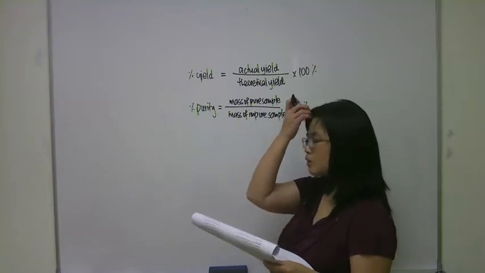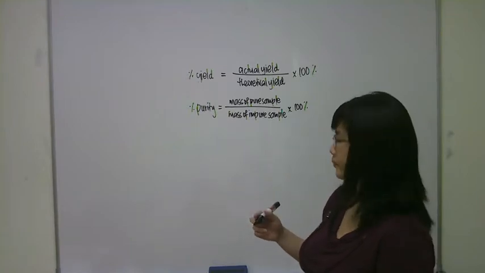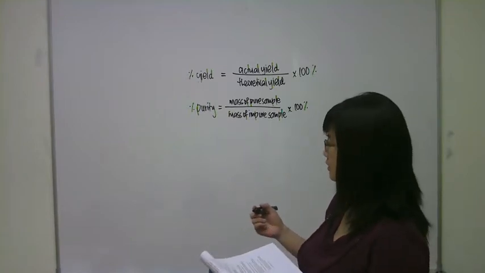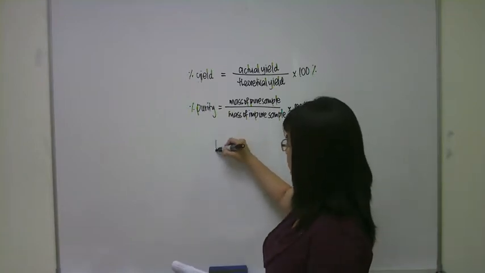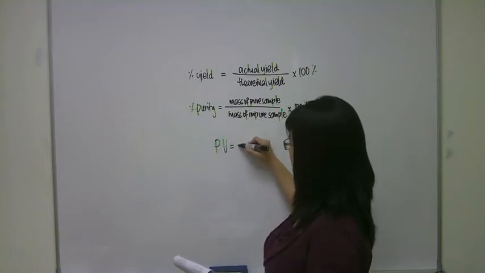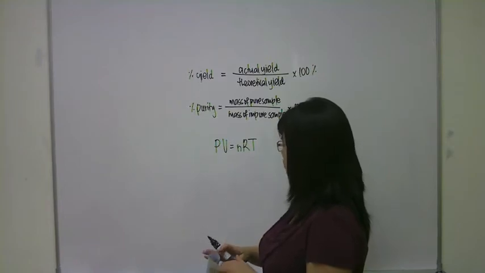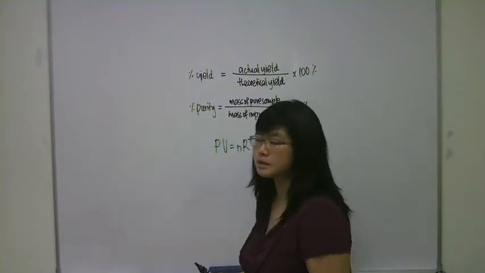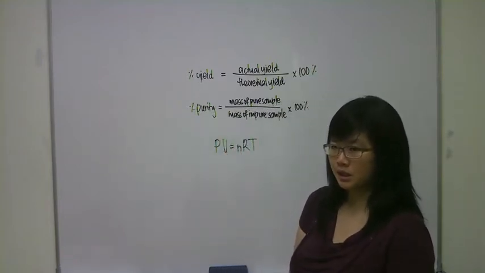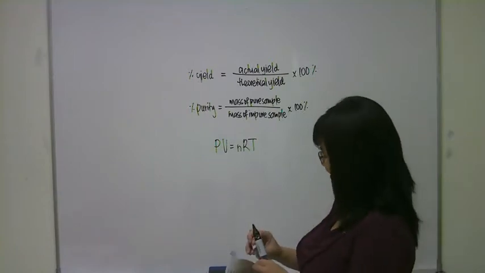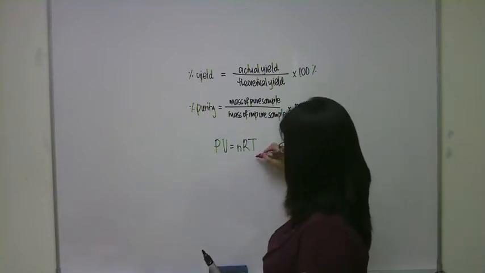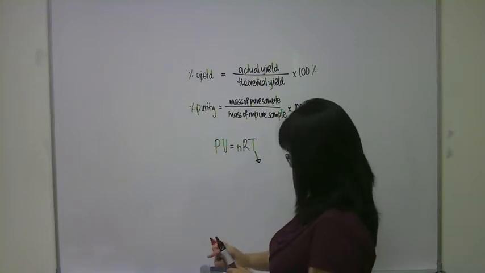Next, we also learn about gas laws in quantitative chemistry. So the main equation that you're going to teach your students will be PV equals nRT. It's very important to explain to them the units of each quantity in the equation.